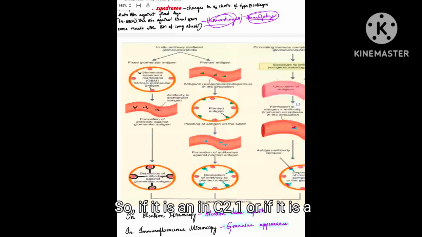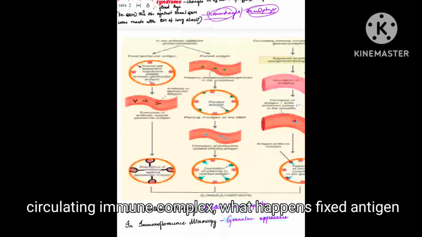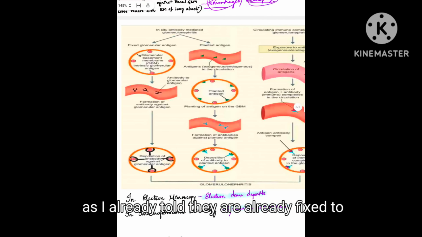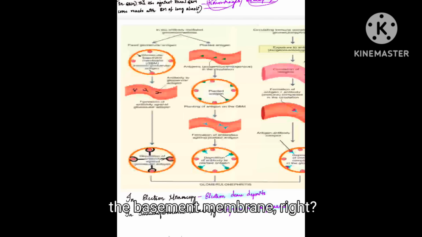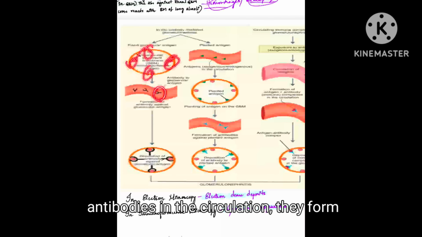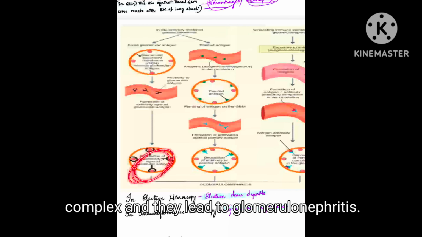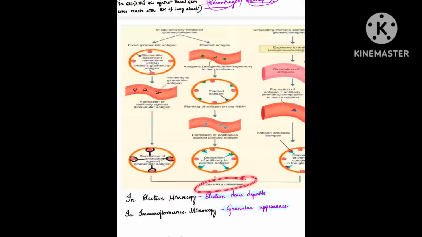So if it is an in situ one, or if it is a circulating immune complex, what happens? Fixed antigens, as I already told, are already fixed to the basement membrane, right? So when they come in contact with these antibodies in the circulation, they form antigen-antibody complexes and lead to glomerulonephritis.